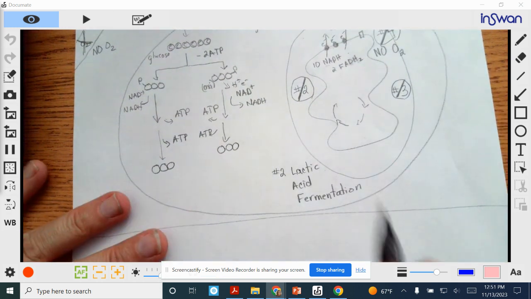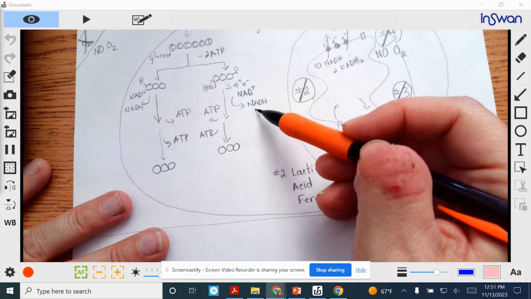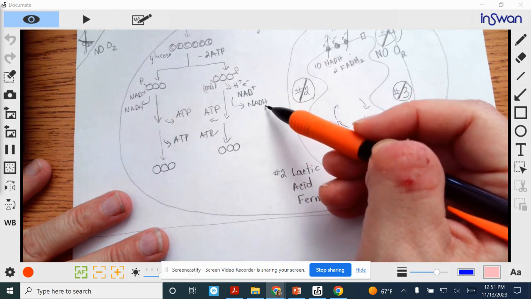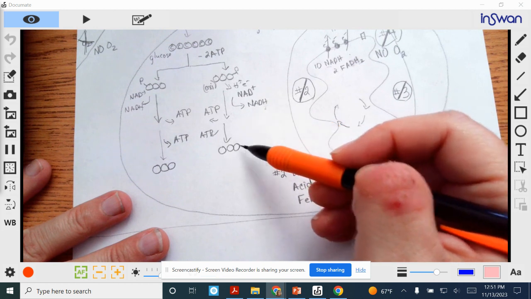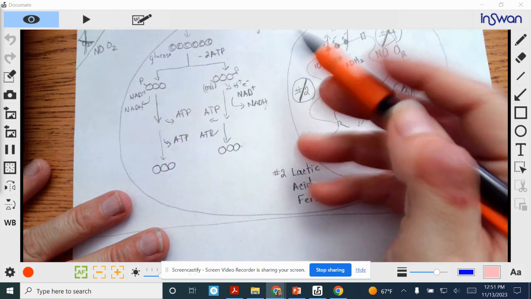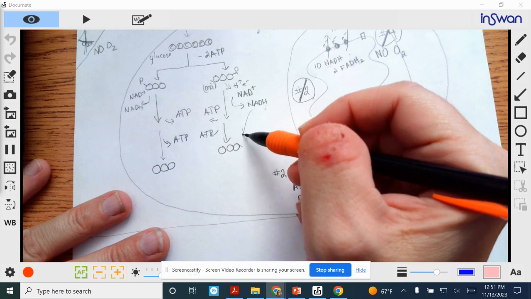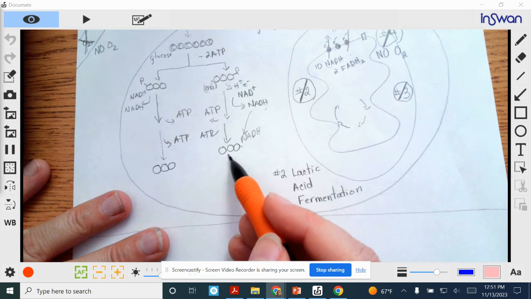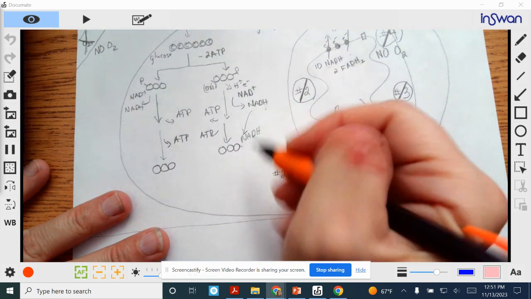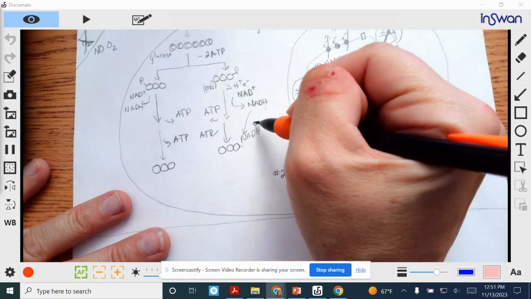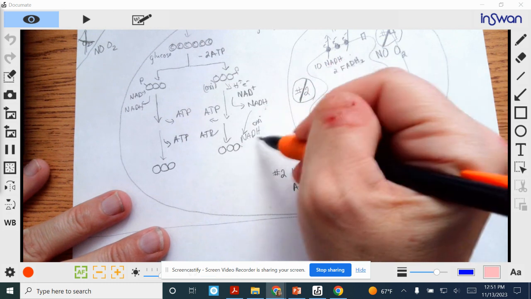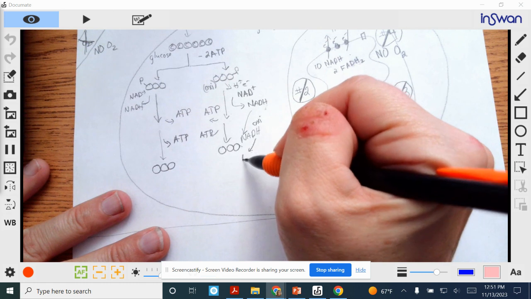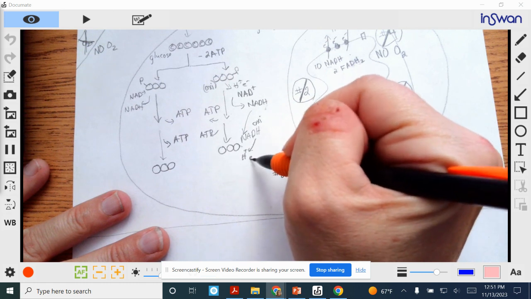Okay, so here's what's going to happen: this NADH, we are going to oxidize it. We have pyruvate that we can use. So let's show the NADH next to this pyruvate. And there's an enzyme that is going to oxidize the NADH. Oxidation is losing, so that means it's going to pull off a proton and an electron.